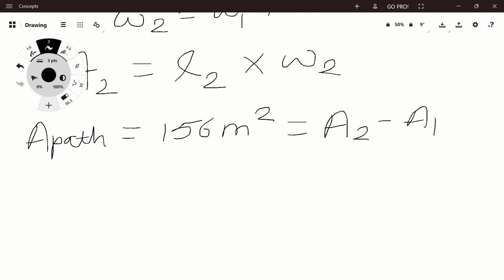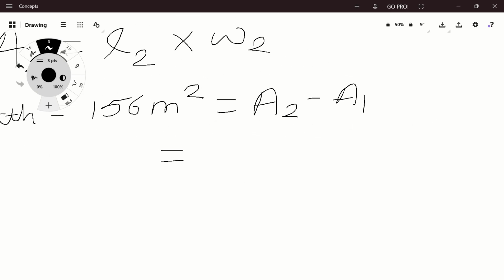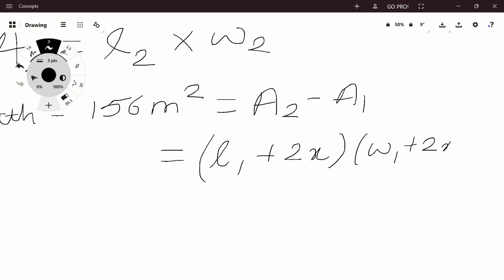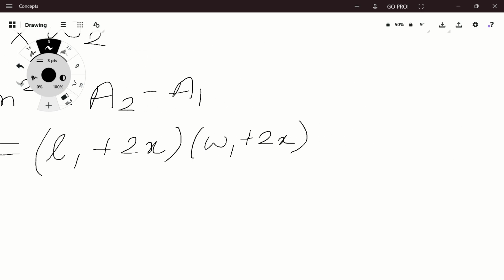which will be L1 plus 2x, W1 plus 2x, minus L1 W1.